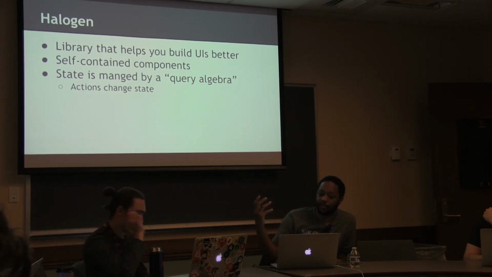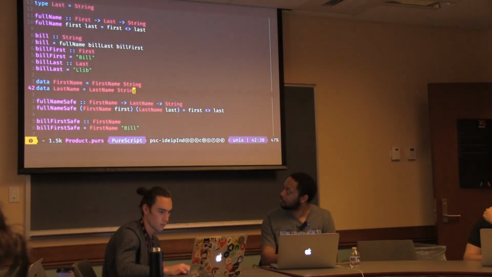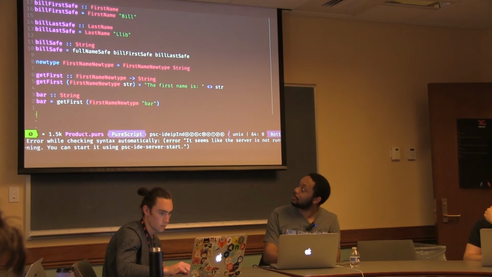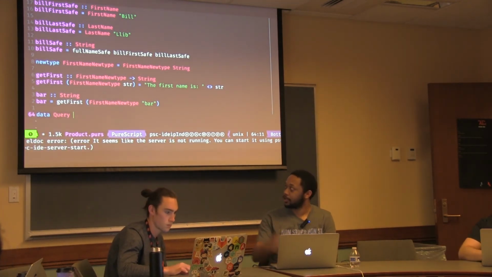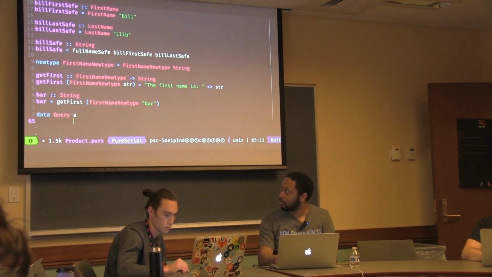So there are actions that change state. Let's see something like this, right? Don't do that. This file is getting out of control. So what's a query algebra? It's a data type that's polymorphic over some value.